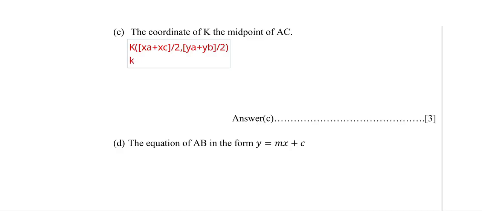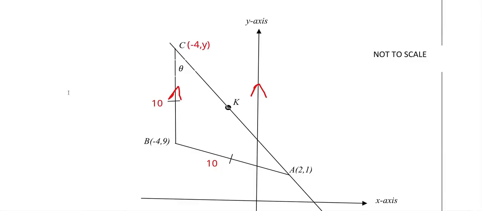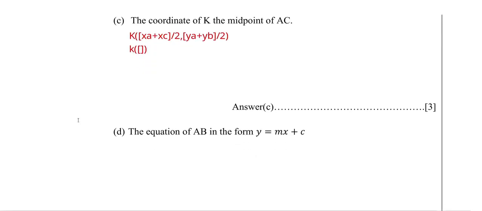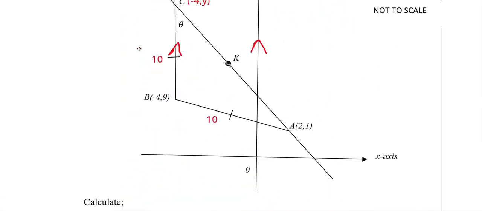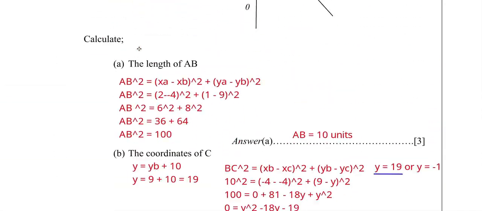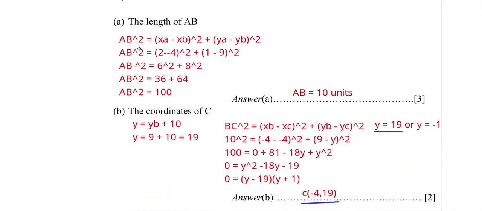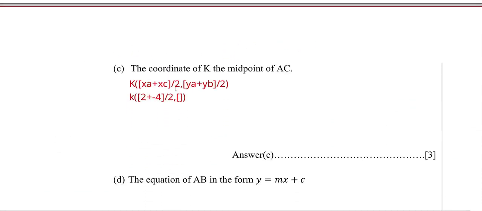And then this is going to give you x at A is 2, at C is -4. So this is 2 plus -4 over 2, comma, and then y at A, 1, and at C, 19. Sorry, 1 and 19.